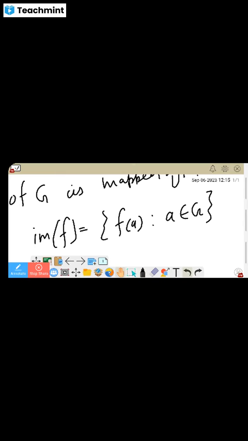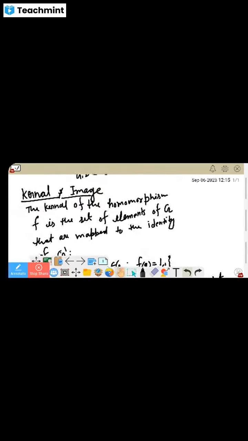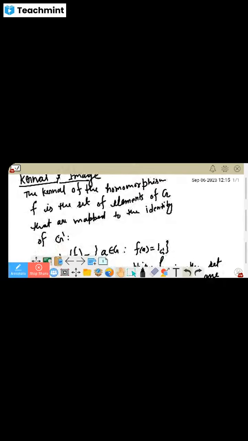So now let us understand kernel and image. The kernel of homomorphism F is a set of elements of G that are mapped to the identity of G dash. Means all those elements of G which are associated with the identity of G dash.